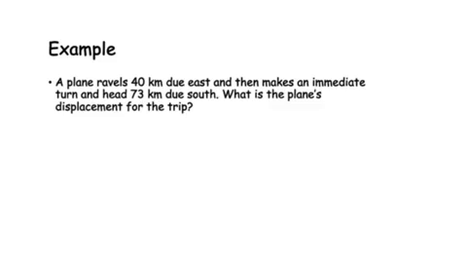All right, so let's look at an example. In this one we have somebody traveling 40 kilometers due east and then 73 due south, and it wants to know the displacement. So we have 40 east, and then it goes 73 south. So that arrow should be way bigger. I didn't make the other one small enough. Let's see. There we go. A little too much, but you guys get the idea. So let's break them into x's and y's.